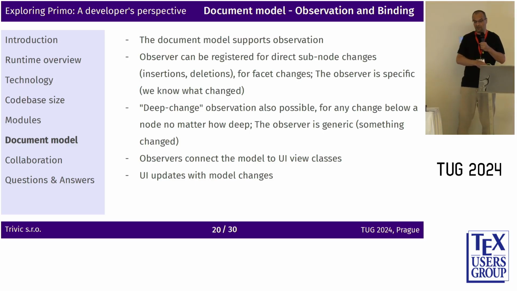We also have so-called deep change observation, which works so that anything that changes below the node would trigger the deep change observer.